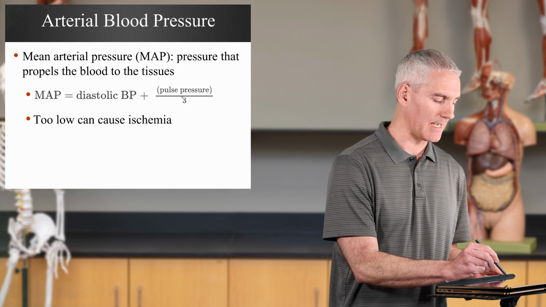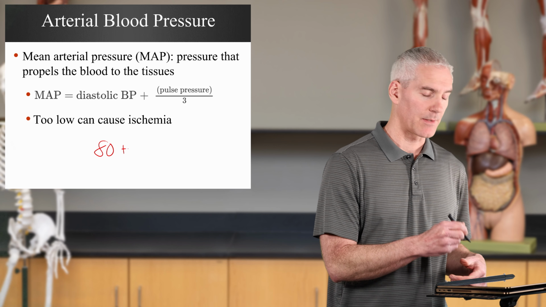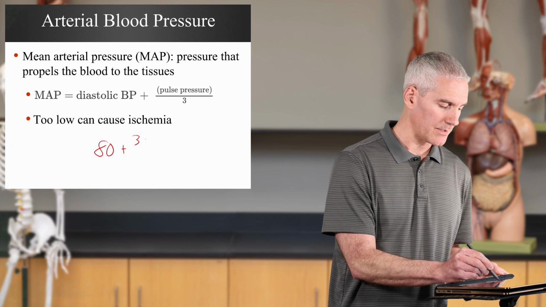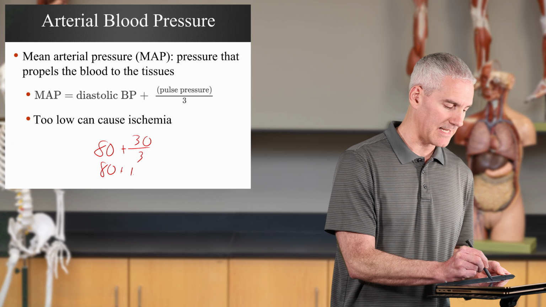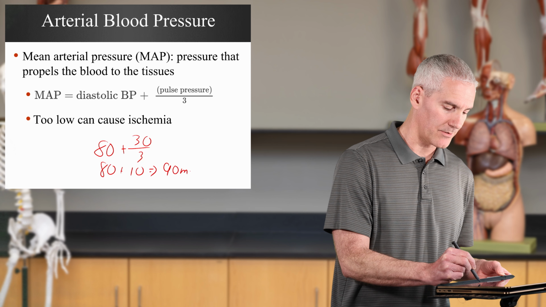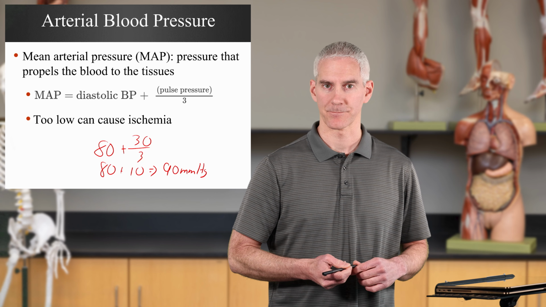In that case, diastolic is the 80 plus the pulse pressure, 110 minus 80 is 30. So 30 over 3 gives you 80 plus 10. That means 90 millimeters of mercury is your mean arterial pressure.